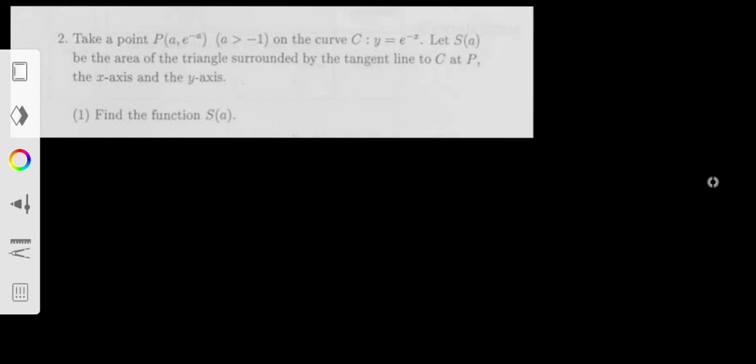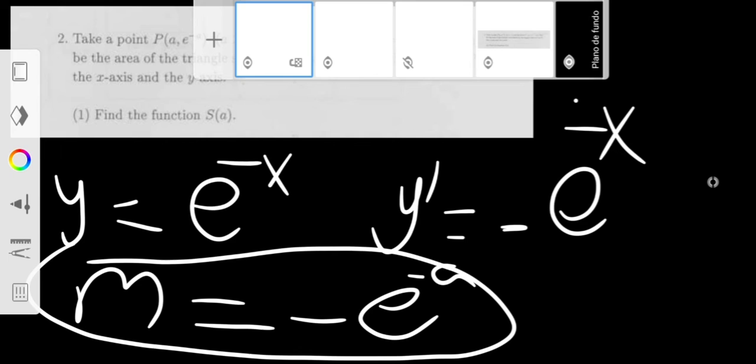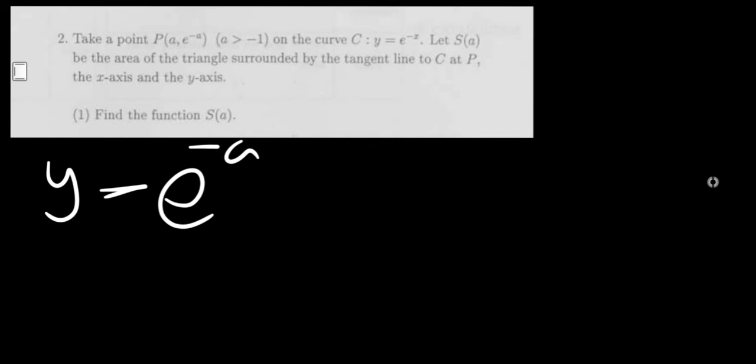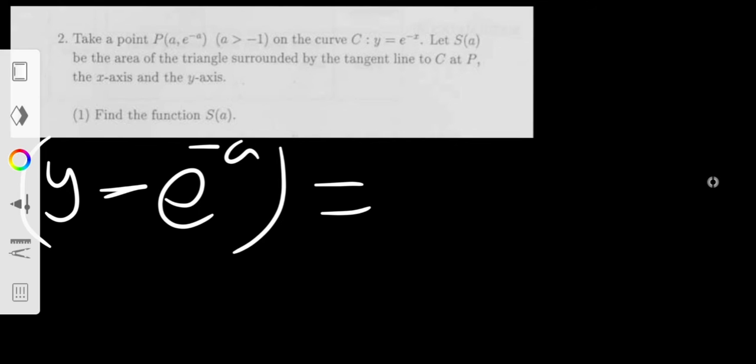So now that we have m equals minus e to the minus a, we can use it. Okay, so remember what we had: y minus e to the minus a is equal to m, what was it?